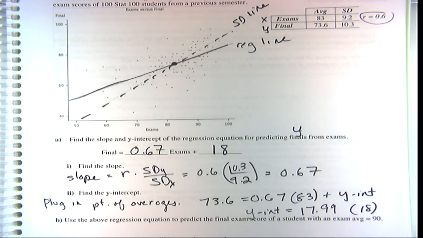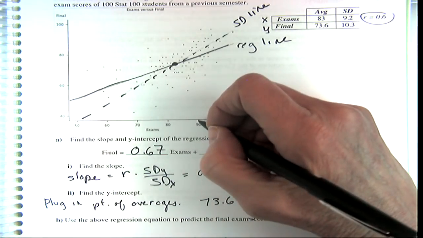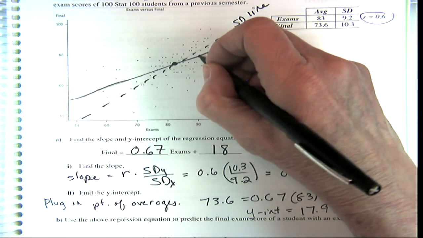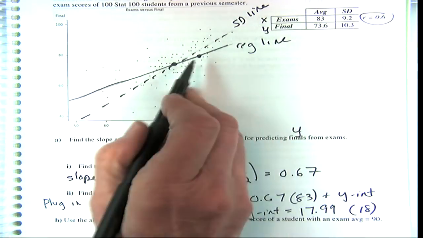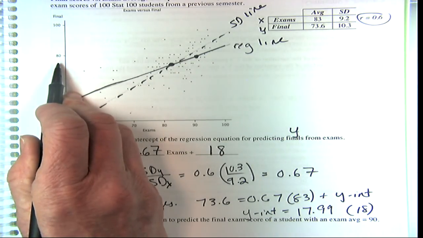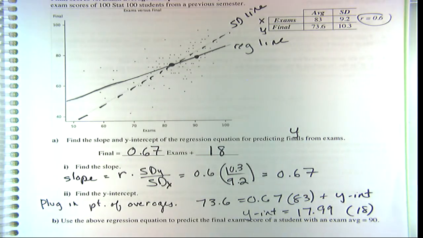Okay, now use the regression equation to predict the final exam score of a student with an average equal to 90. So here's an average equal to 90 right here. I want to look at that point right there. What is that point? I can estimate it to be in the high 70s, right? But to figure it out exactly, what am I going to do? I'll just plug it into the equation.